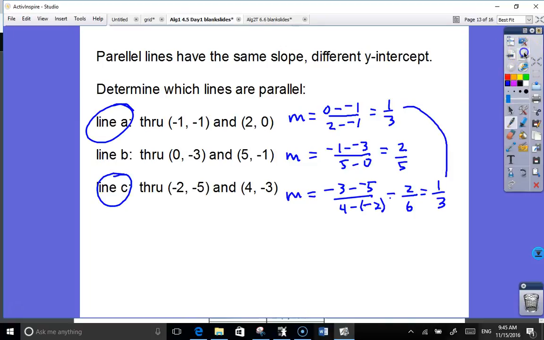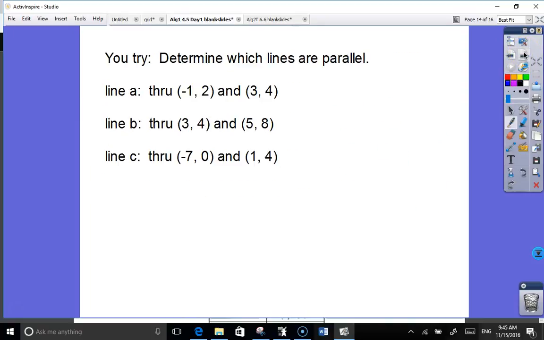All right, so you try one. Okay, what was the slope of line 1?